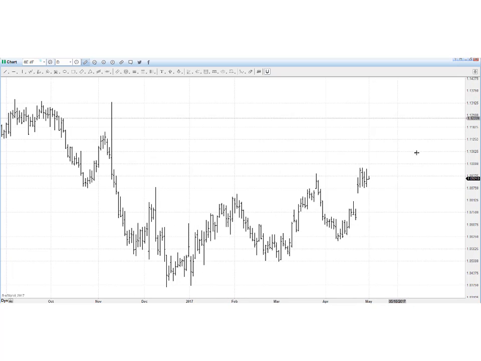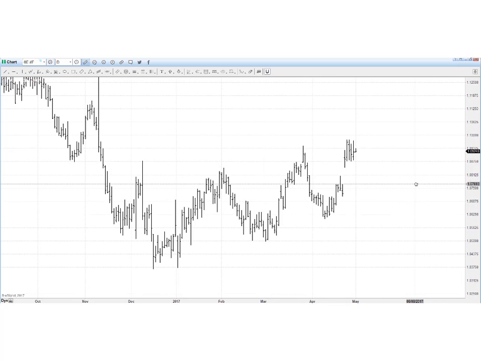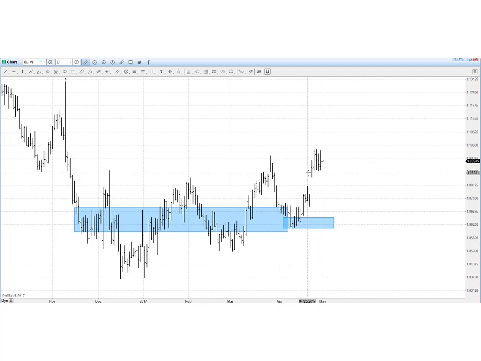But that said, if we go back to the bar chart, having looked at the profile chart, we have the context of the profile chart, and we actually know that this low began at a long to intermediate term high volume node, then it gives what's going on here more meaning. And so what we have now is a multi-day, 1, 2, 3, 4, 5 or 6 day balance area that has formed.